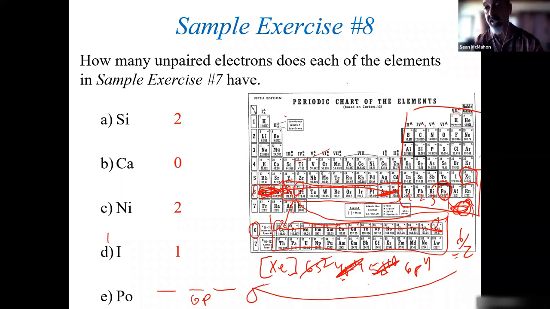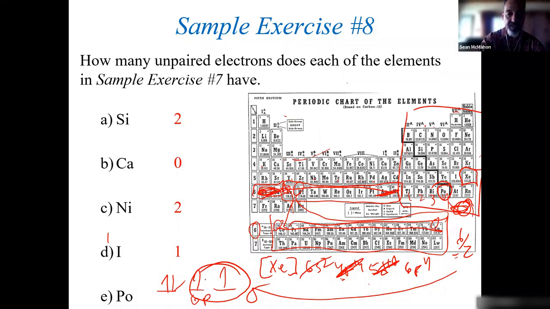How many electrons in polonium are in the 6p sublevel that has 3 orbitals? 1, 2, 3, 4. So how many unpaired electrons for polonium? 2, for the 2 half-filled 6p orbitals. And that makes sense because to fill these, I need 2 more. How far away am I from a noble gas? 1, 2.